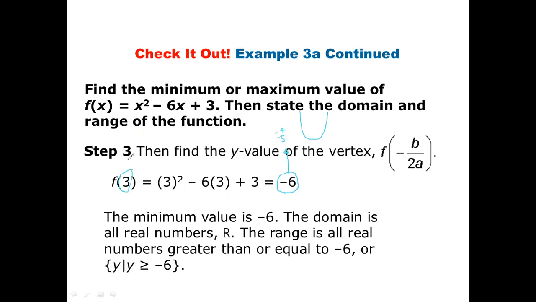So the other values could be 3 and 4, 5, 6, 7, and so on, because that is a parabola opening upward. Here x is 3 and y is -6.